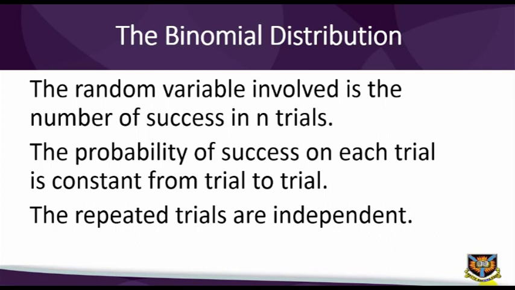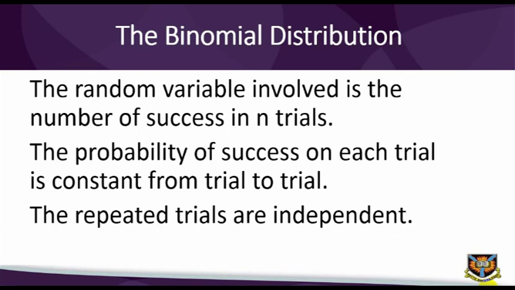3. If our success is the event vote for, then the random variable involved is the number of successes in 500 trials. Thus, the third characteristic is satisfied. 4. This characteristic is also satisfied because the probability of success from one voter to the other is constant.